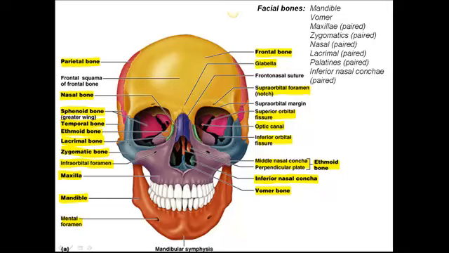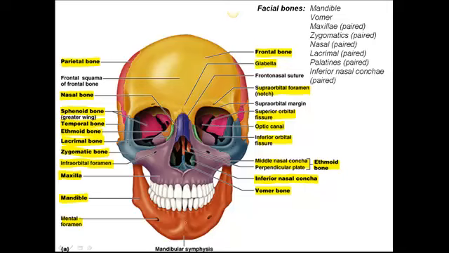So the optic nerve from your eyeball, that comes off of the retina, is going to go posteriorwards over the sella turcica and back to the occipital lobe. These are for muscle attachments and other blood vessels. Here's the ethmoid bone, here's the lacrimal bone, maxilla, zygomatic, and of course your mandible down here.